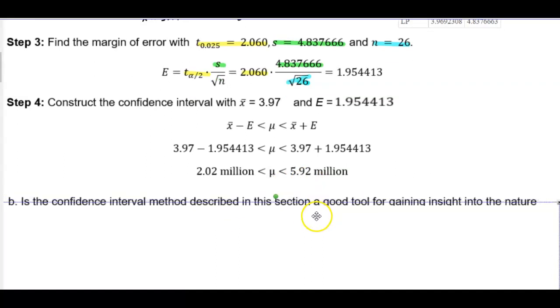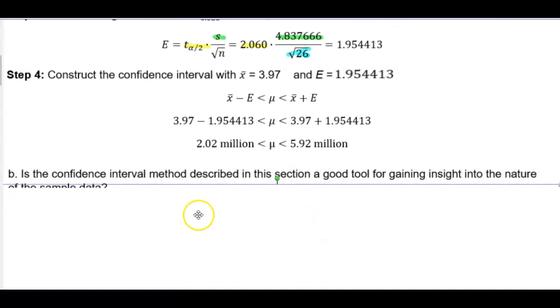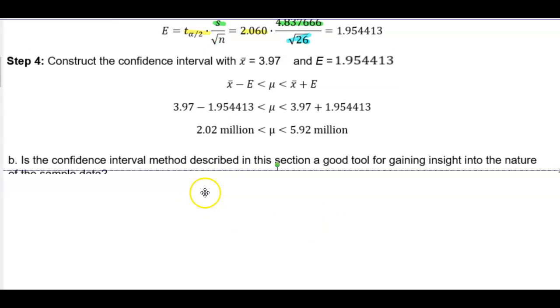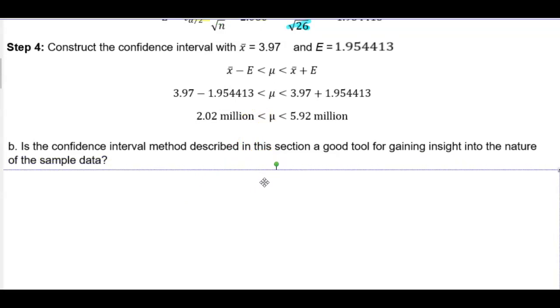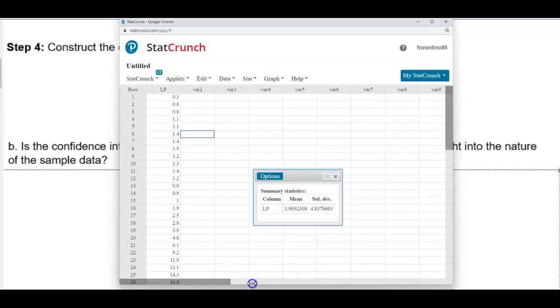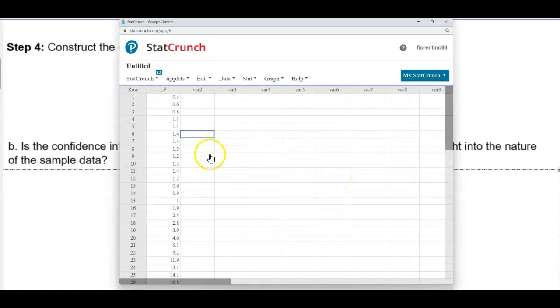Okay, now the next question says, is the confidence interval method described in this particular section a good tool for gaining insight into the nature of the sample data? Well, let's go back and take a look at this, because we did not check the requirements to make sure that we would proceed. So in this question, it's given us an idea as to whether we would have proceeded to find the confidence interval.